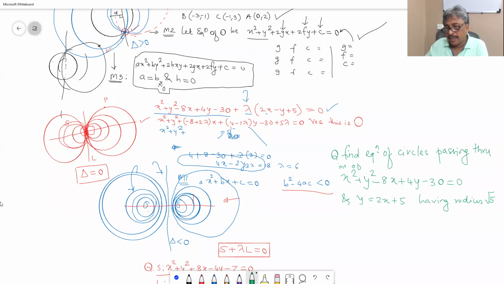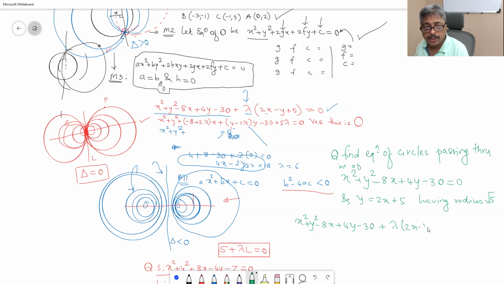Same story, write down, and we have already written it. x square plus y square minus 8x plus 4y minus 30 plus lambda times 2x minus y plus 5 is equal to 0. And then we have written the equation in terms of lambda also, this one, right?